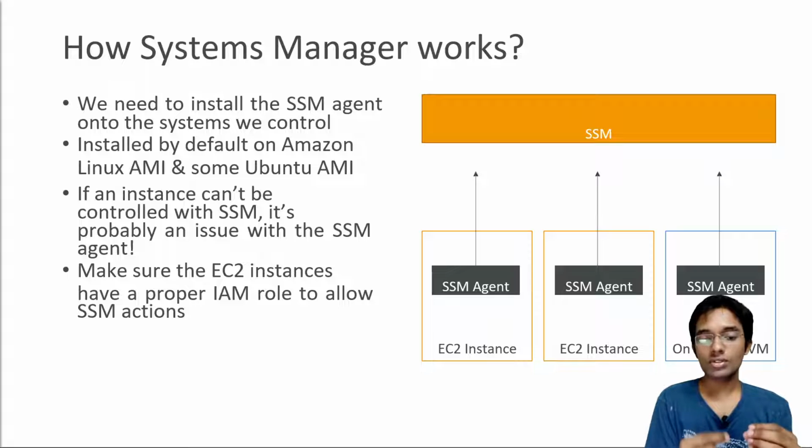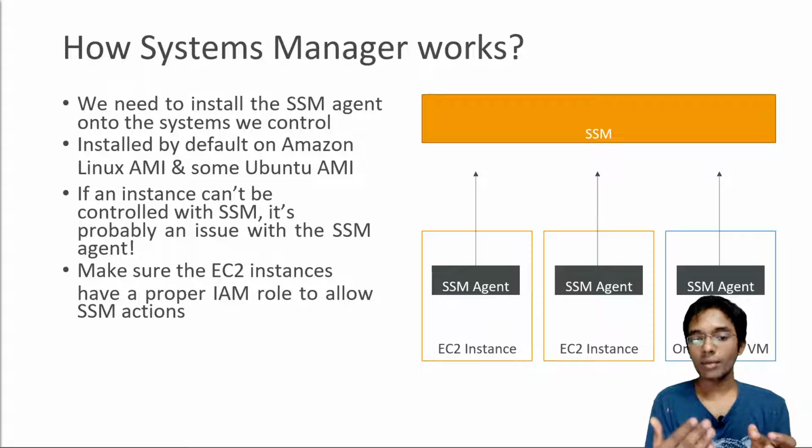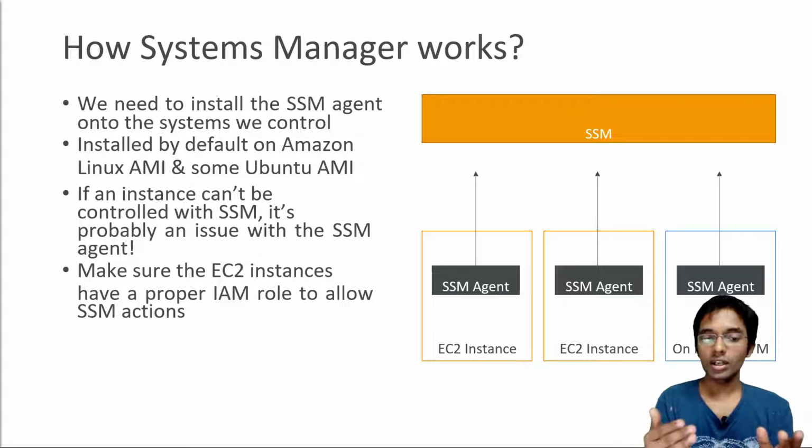Because the EC2 instances have the SSM agent and it talks with the SSM service, we need to define an instance role for EC2 that allows the agent to talk to SSM. Now that makes sense. As soon as all our EC2 instances and on-premise virtual machines have the SSM agent properly configured and integrated with the SSM service, we can leverage SSM to its fullest.